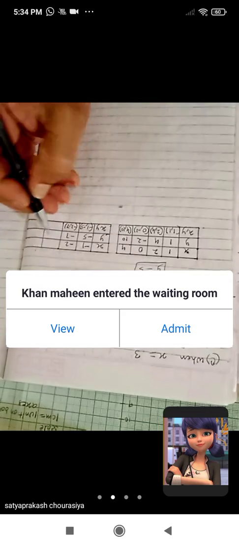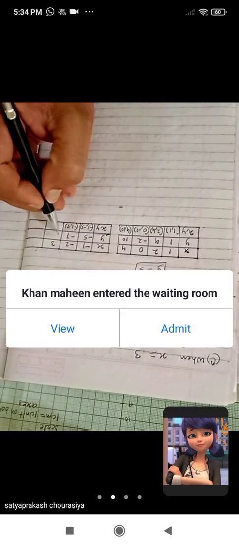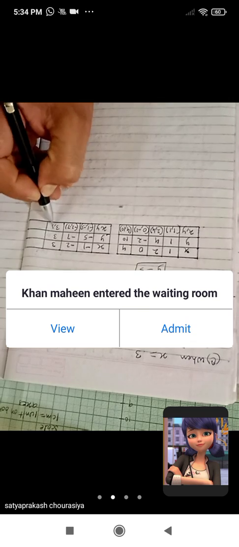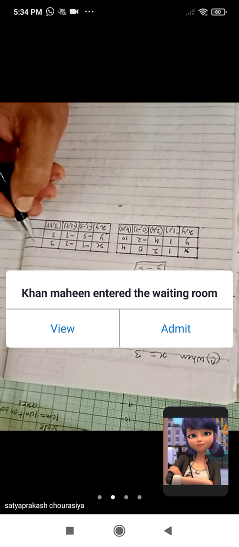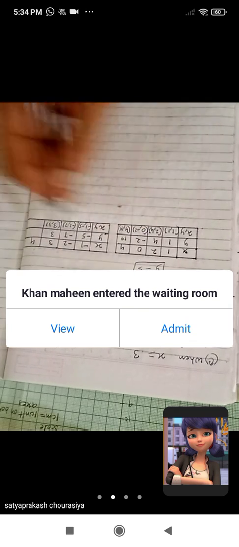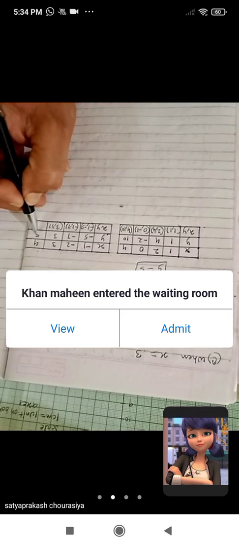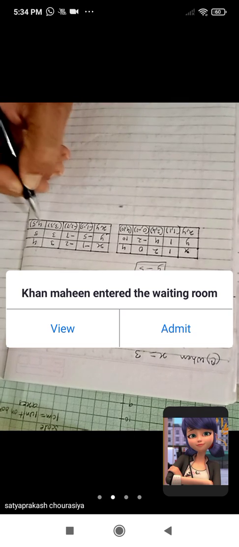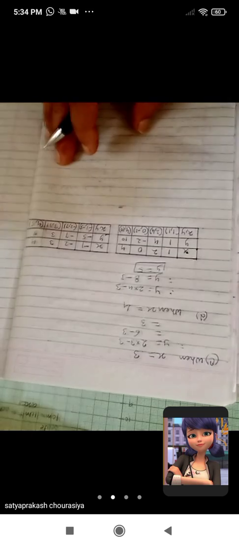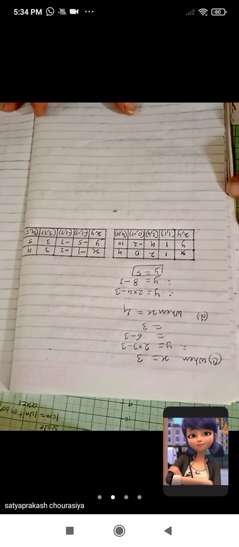Now third value, x is equal to 3, then y value is also 3, 3 comma 3. When x value is taken as 4, the y value obtained is 5, so it is 4 comma 5. Okay. Now we have to plot the points to find out the solution.